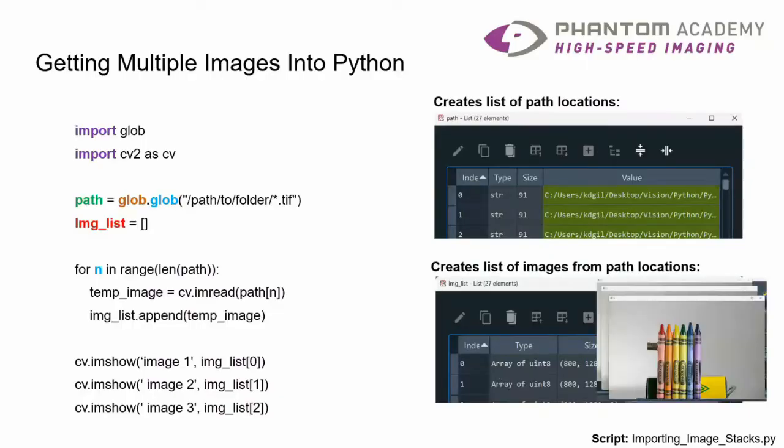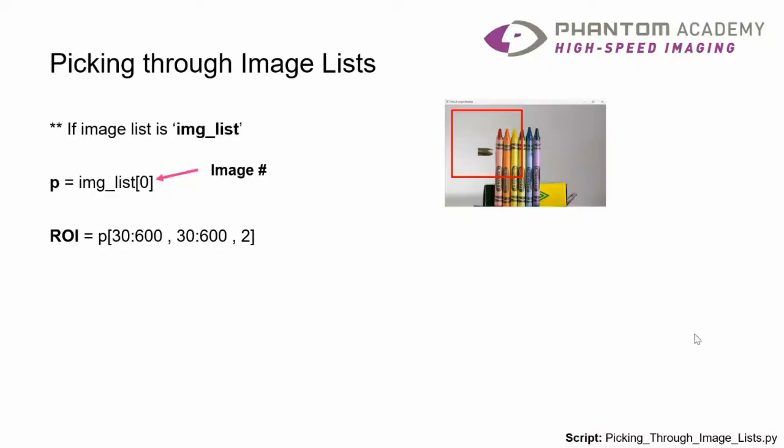So how do you pick through lists? All right, now that you have a big old stack of files, let's see how you could do that. If you have a list called image list and you wanted to store just the first image of that list inside P, what you could do is just run this code and you're going to store that image there.